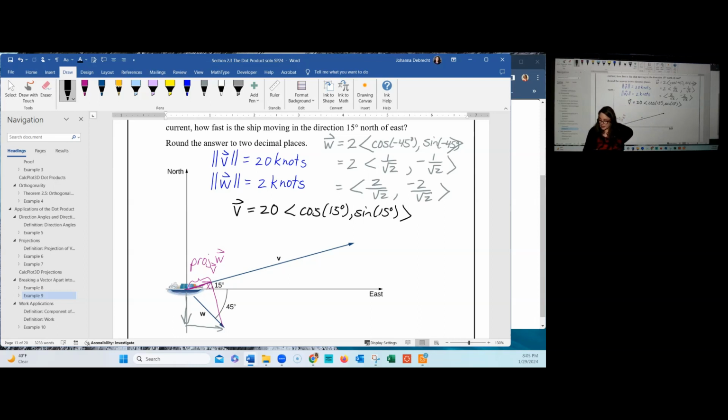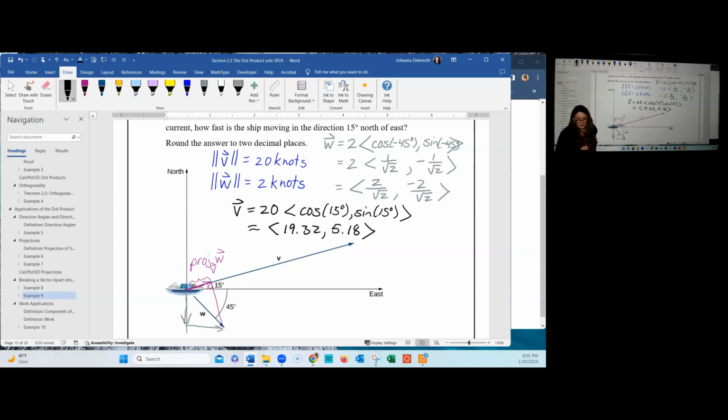Now, when I'm looking at this, I would have to multiply out what the cosine of 15 degrees and the sine of 15 degrees are. And we come up with, since we're rounding to about 2 decimal places, about 19.32 and about 5.18, right, for those 2 values.